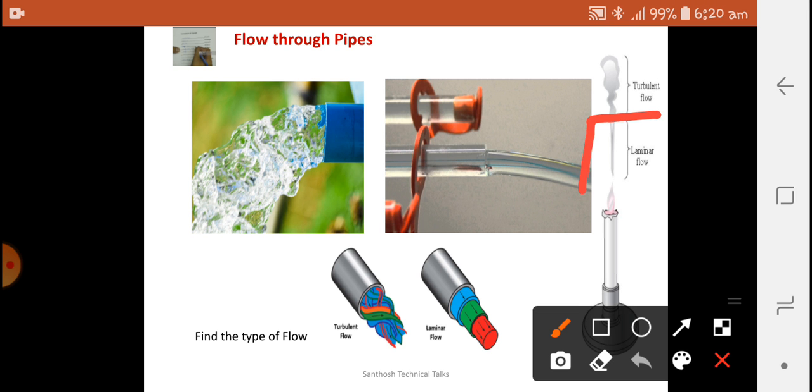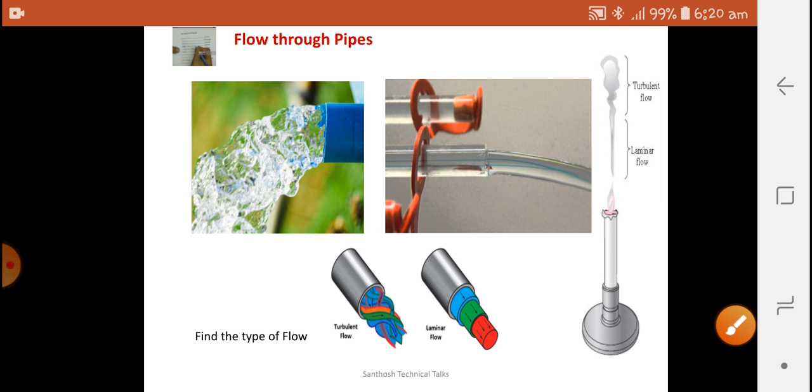Up to a certain distance, the flow is well defined; that well defined flow is called laminar flow. After a certain region, the flow is distracted in a zigzag way. That is called a turbulent zone or turbulent flow. You can easily visualize these two flows when you see a candle glowing.